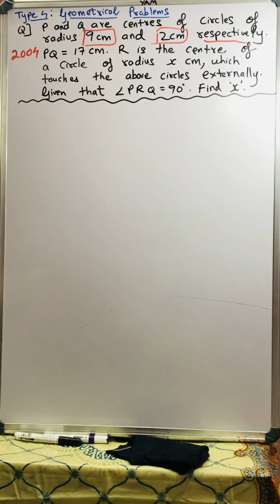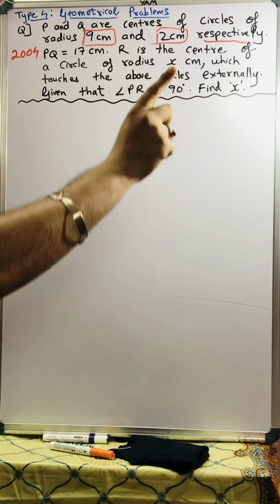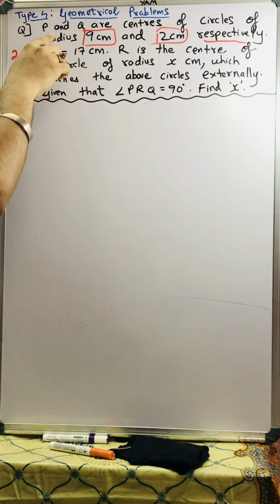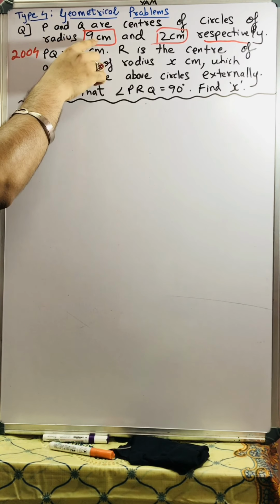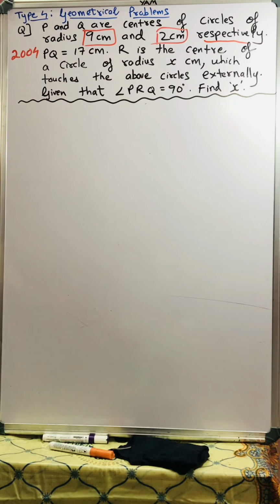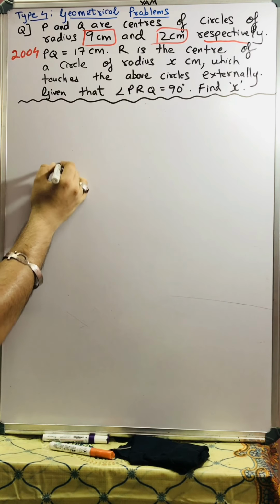That's it. Reading up till here, we all get excited to draw the diagram. So I'm drawing a diagram. I have two circles, the first with center P, the second with center Q. The circle with center P has radius 9 cm, and the circle with center Q has radius 2 cm.